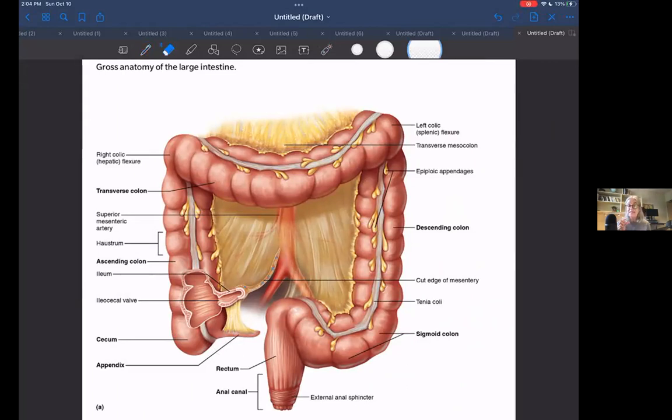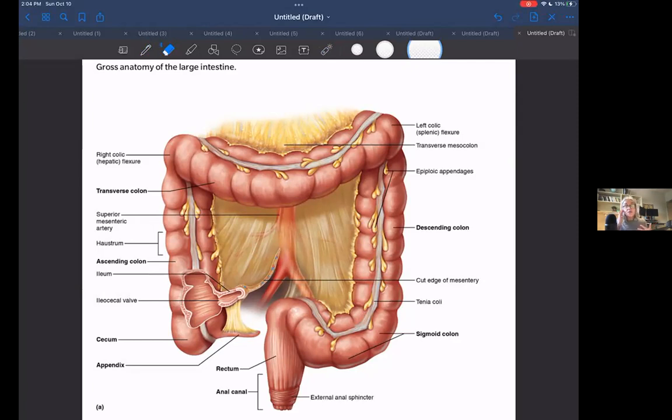Appendicitis is when that gets infected. And if left untreated, sometimes the appendix can rupture. And what ends up in your peritoneal cavity is bad bacteria, which can lead to a massive infection in your body cavity, which could eventually lead to death.